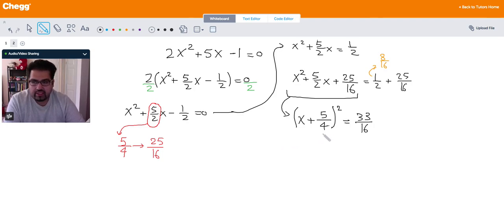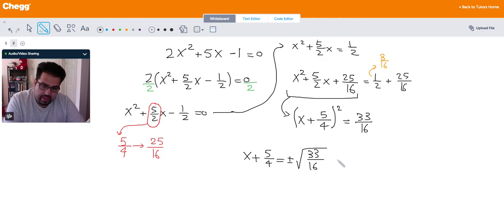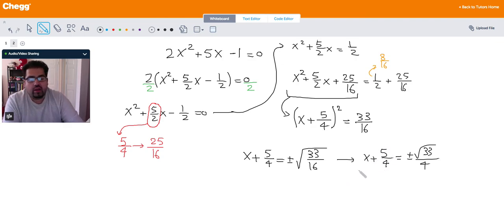Now it's ready to take the square root of both sides, so I would have x plus 5 over 4 equals plus minus the square root of 33 over 16, which is basically x plus 5 over 4 equals plus minus the square root of 33 over 4. And then I'm subtracting 5 over 4 from both sides.